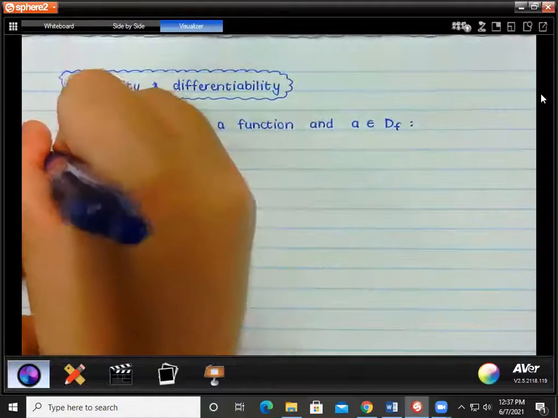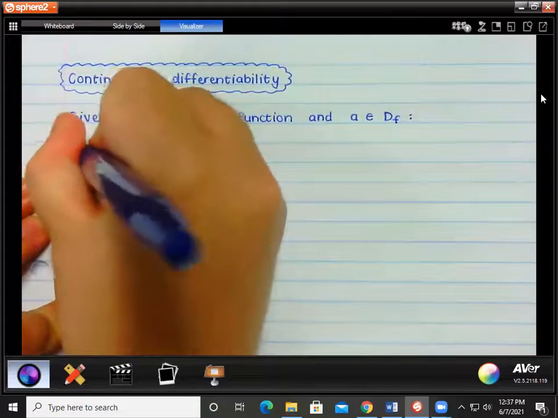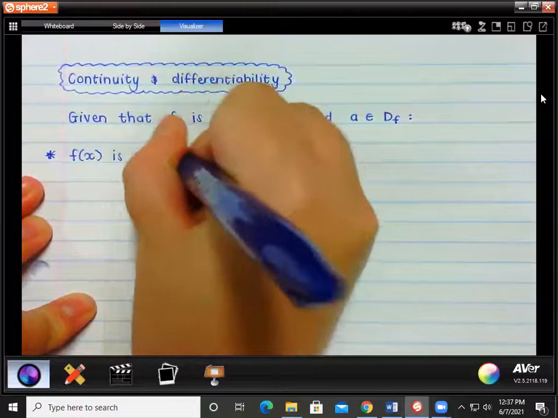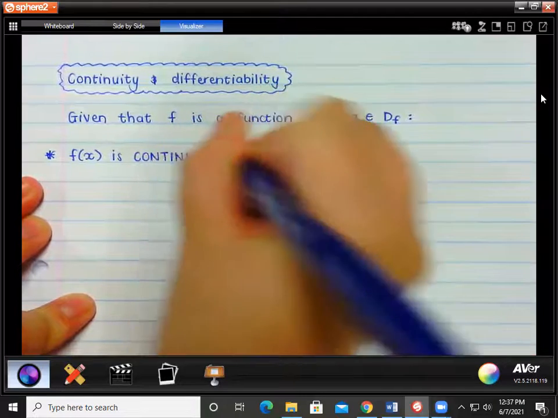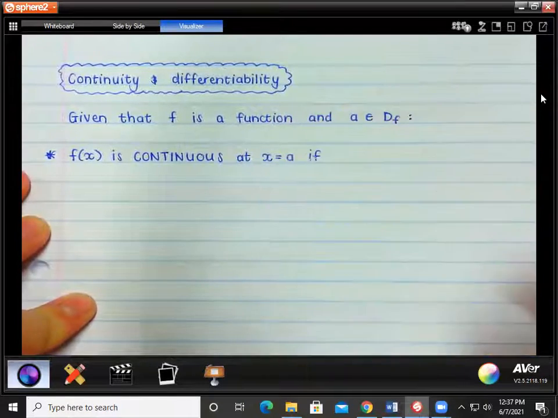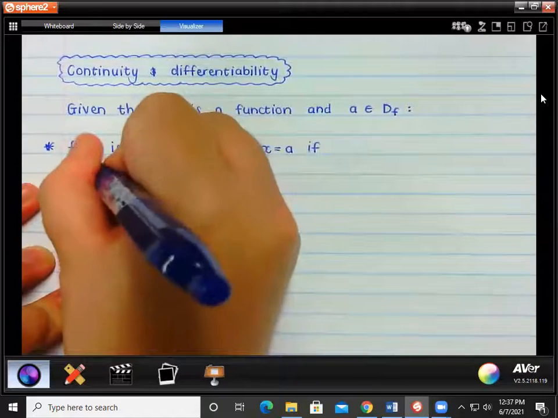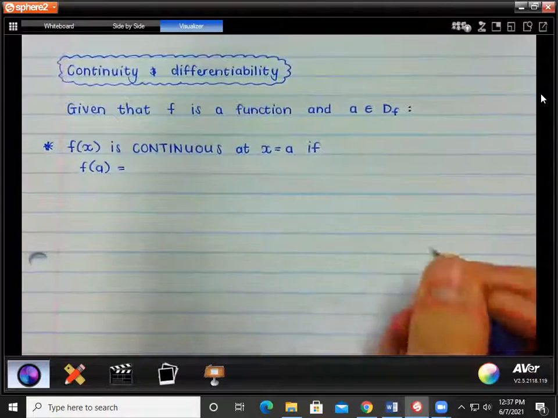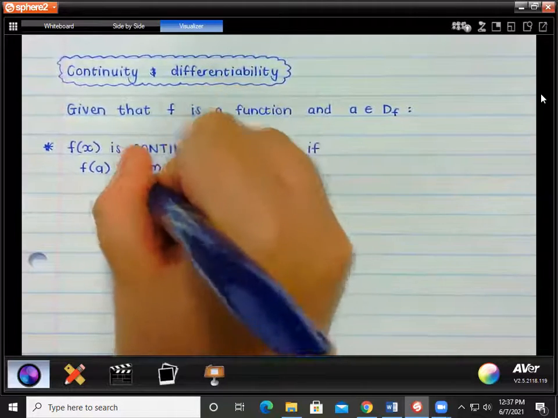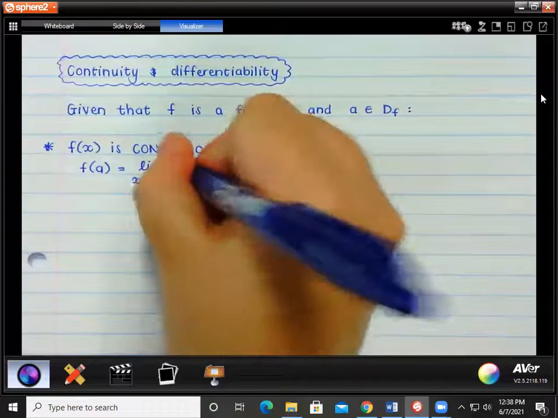So we're going to discuss continuity and differentiability. We probably won't get to differentiability today. So firstly, f of x is continuous at x equals a if, I'm not sure if you guys can actually remember this, the function value at a has to be equal to the limit as x tends to a from the negative side, so from the left of this function.